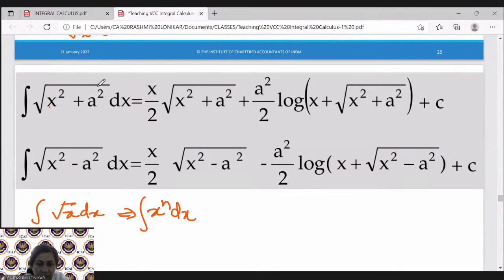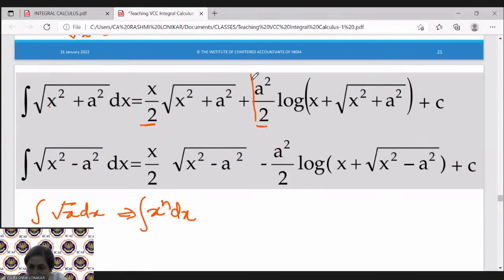And for this there is a bigger formula: the integration of square root of x square plus a square is equal to x upon 2 square root of x square plus a square, plus a square upon 2 log of x plus square root of x square plus a square, plus c. Okay. So here the first term is x upon 2, the second term is a square upon 2.